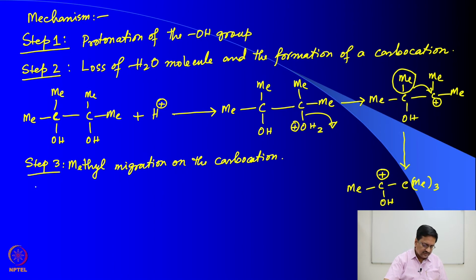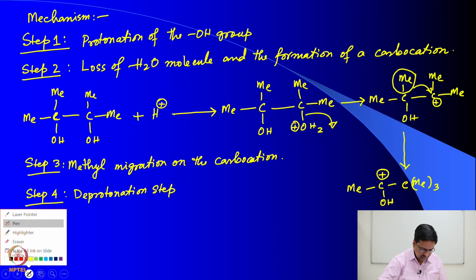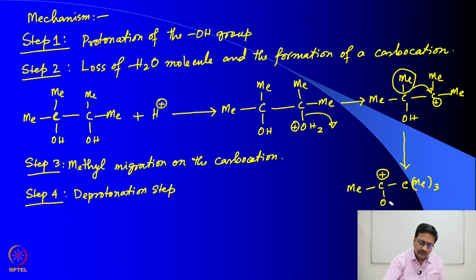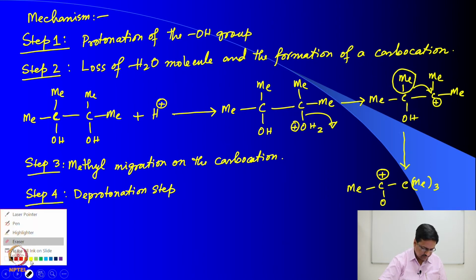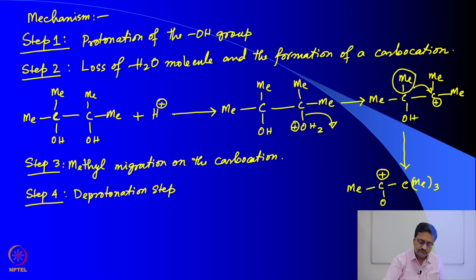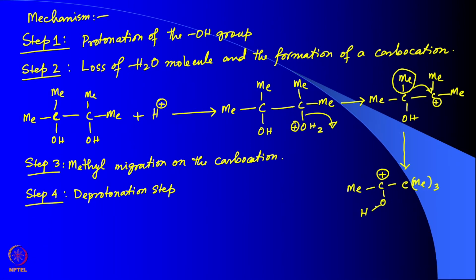And then step 4 is a deprotonation step, where this OH group loses the proton and a C double bond O is formed.